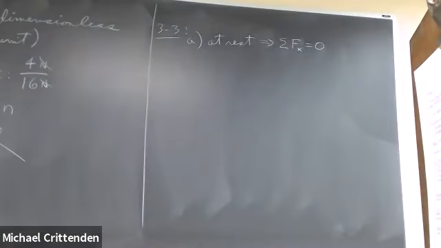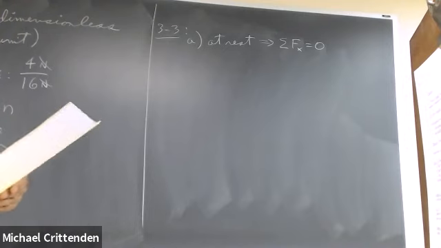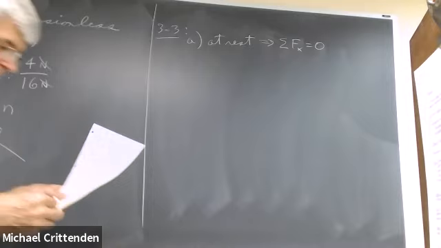Because it's at rest, the sum of the forces in the x direction is equal to 0. For that matter, the sum of the forces in the y direction is also 0, but it's the x direction that the friction force lies in, so that's what I'm interested in.